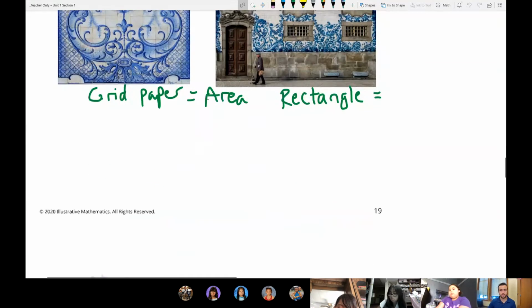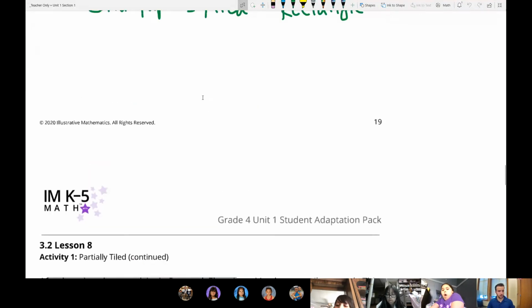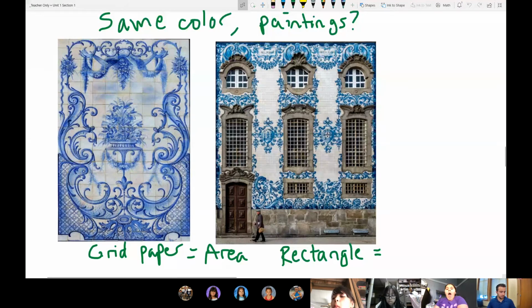So these pictures here, looking at my notes, are examples of painted tile work called azulejos from Portugal. In Portugal, they have been used for a very long time, both to decorate walls, floors, and even ceilings. And many also show events in Portuguese history.